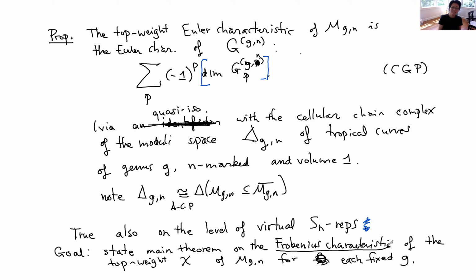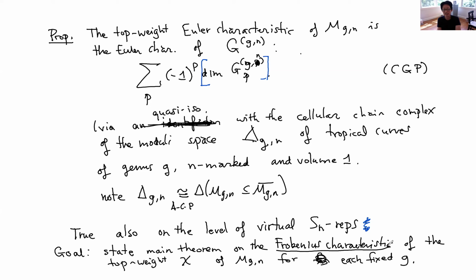So basically what it is the following. Suppose I fix G, and I'm interested in all top weight Euler characteristics of MGN at the same time for all n's. So that means that for every value of n, I'm interested in a representation of Sn, or more precisely, a virtual Sn representation, possibly some Q-linear combination of Sn representations with plus or minus coefficients, just because they arose as an Euler characteristic.